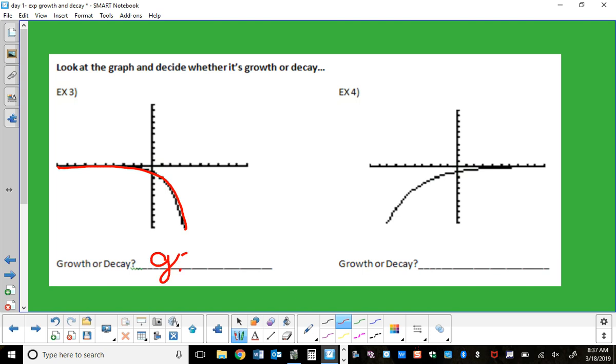Growth. All right, on example 4, I'm going from left to right, and I'm going away or towards it? Towards, so that would be decay. You will have this on your quiz for class.